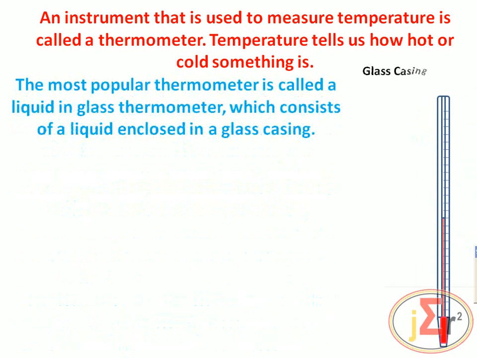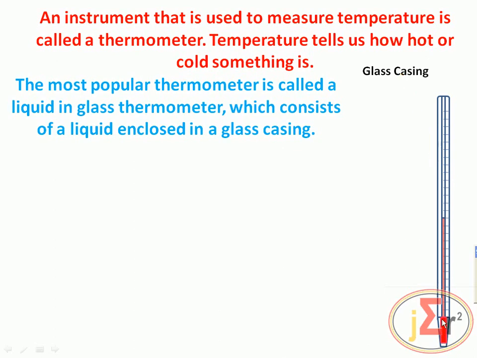The most popular thermometer is called a liquid in glass thermometer, which consists of a liquid enclosed in a glass casing. So the liquid is inside of this glass casing all the way up. The liquid can go inside here.